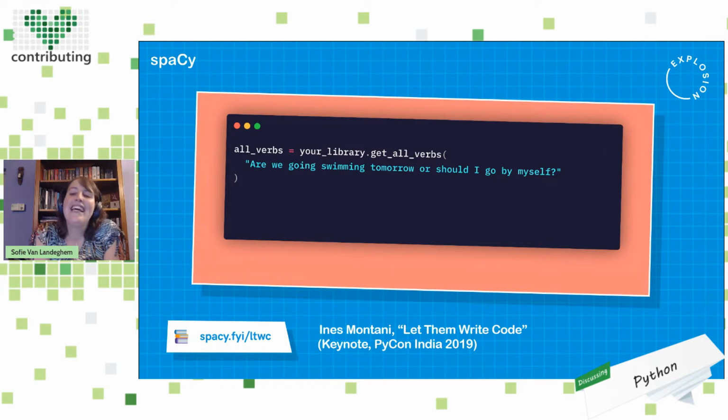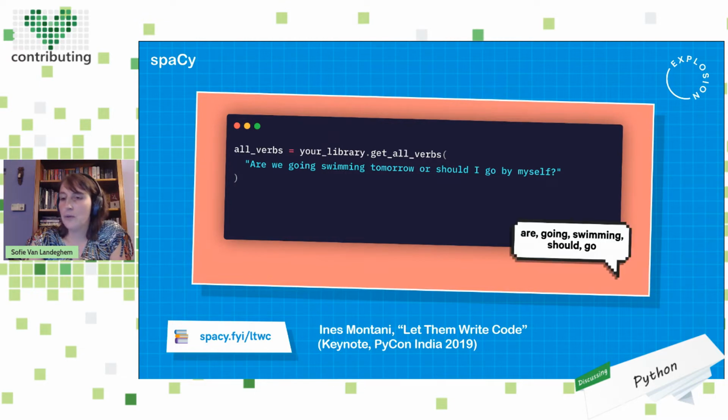So imagine that you're writing this NLP library, and you're thinking, well, we could implement this function that's called get_all_verbs. This sounds pretty intuitive. You'll write this function, and basically the user will be able to run a sentence through it, and they will get back all the verbs in that sentence. So we could program this, and we would get as an output in this particular case the words are, going, swimming, should, and go. So that seems rather straightforward.